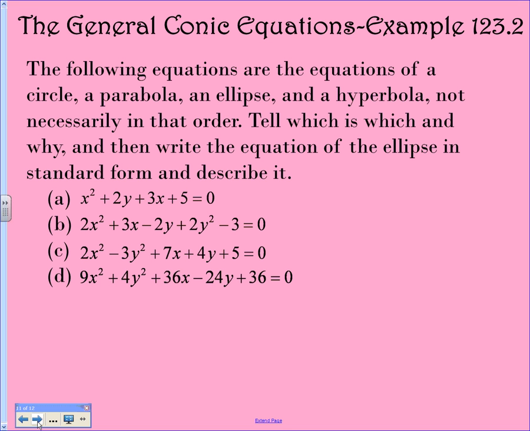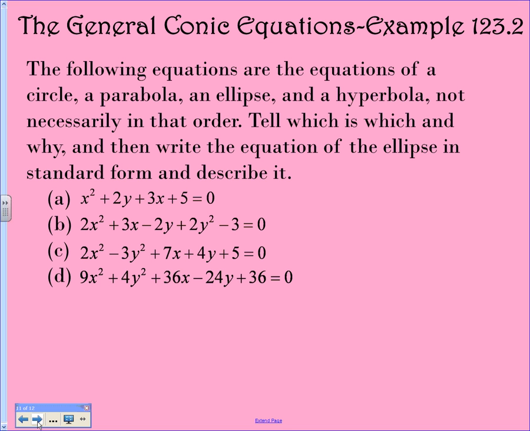So if you look at the first one, what are we going to be looking at to tell what it is? Which term is going to help us the most? The 2y? What else? No, the 3x isn't important.